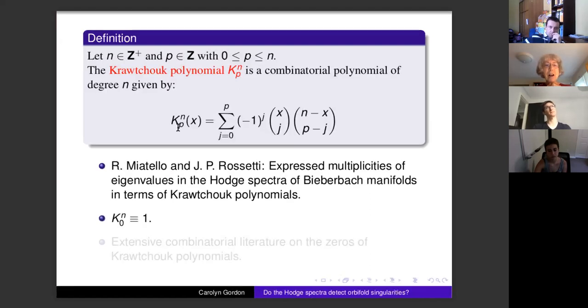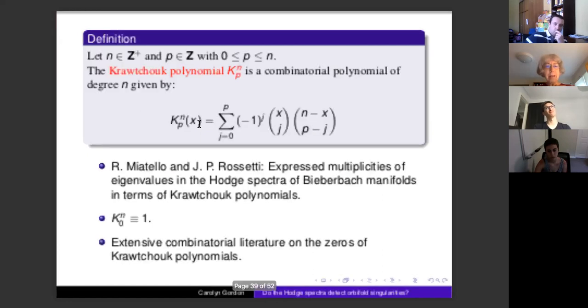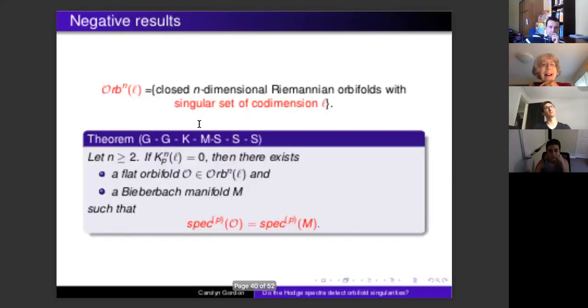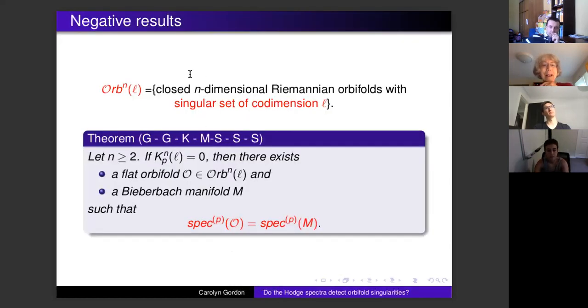When p is 0, the polynomial is identically 1. For other values of p, there may or may not be zeros. The zeros are widely studied in the literature. And we're going to get both negative and positive results using these polynomials. So let Orb^n(L) denote all closed n-dimensional orbifolds whose singular set has codimension L. We want to ask: are orbifolds in here distinguishable from manifolds?